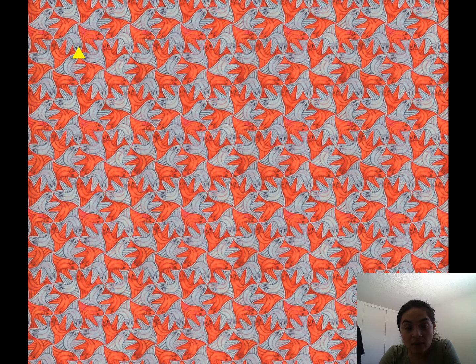If we identify that type of symmetry with this triangle, and we rotate this pattern or motif by 120 degrees, we would get the exact same image. So we identify all the 3-fold rotational symmetries by these triangles.